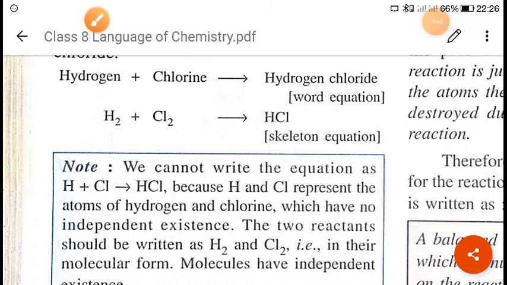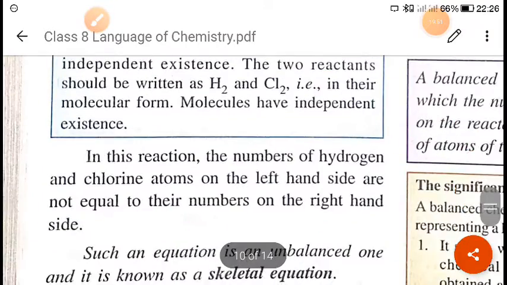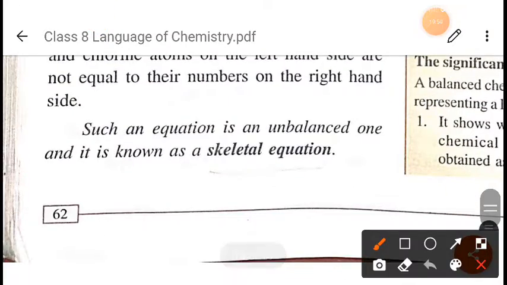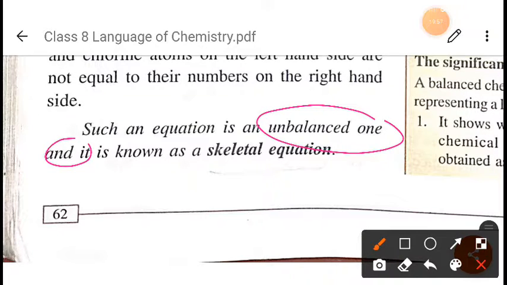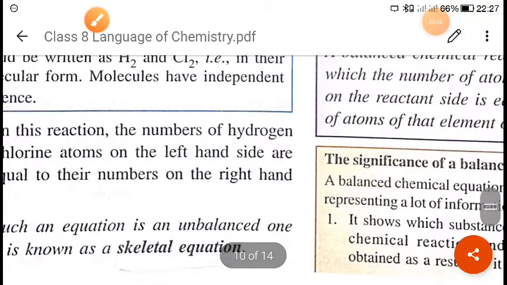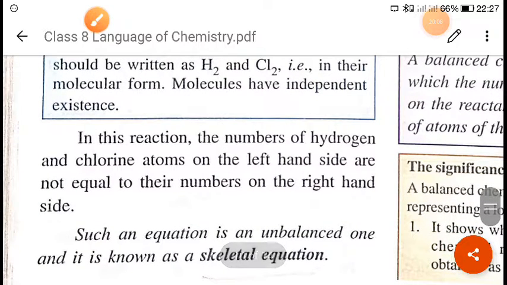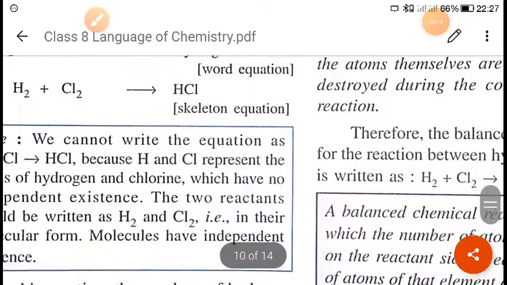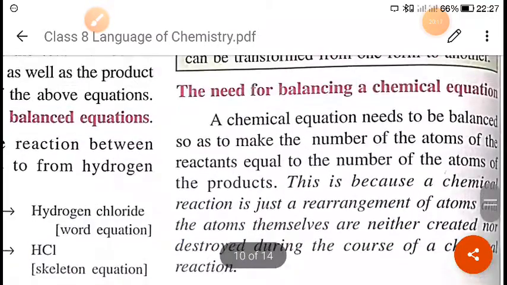This type of equation is called an unbalanced chemical equation, also known as a skeletal equation. If it were a balanced equation, the atoms on both sides would be equal, as we saw in the example of H2 and CO2 giving H2CO3.